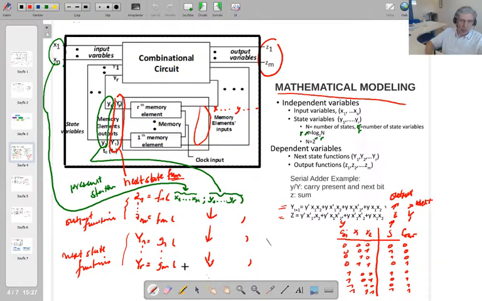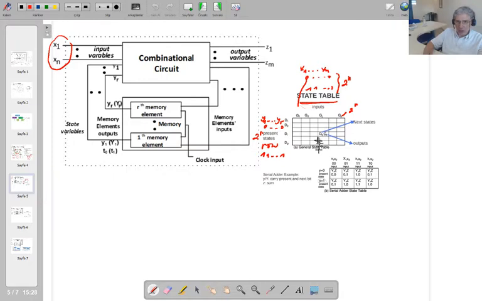I'm not going to repeat them. So for each small x and small y, there's going to be a z function, z1 up to zm, and then a next state function, capital Y1 to capital YR. So we're going to write all this inside this entity here.